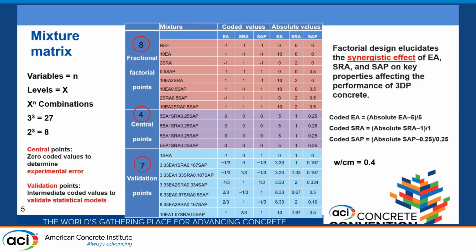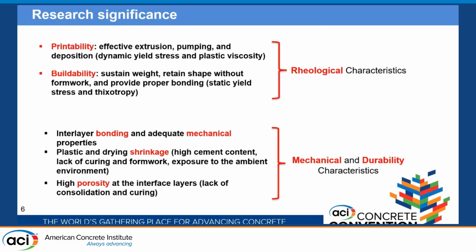Central points were introduced by 0 coded values derived from the variables to determine the experimental errors. Validation points were used with the intermediate coded values to validate the statistical model's accuracy. You see the relation between coded and absolute values on the right, and the water to cementitious material ratio was 0.4 in this study.